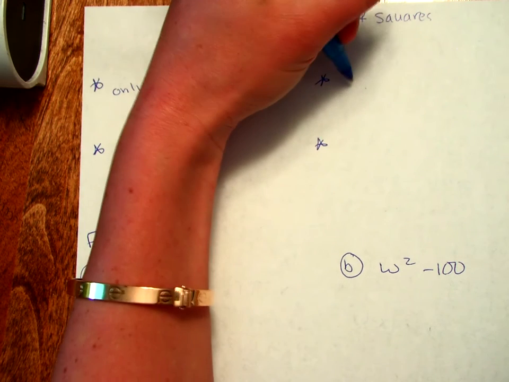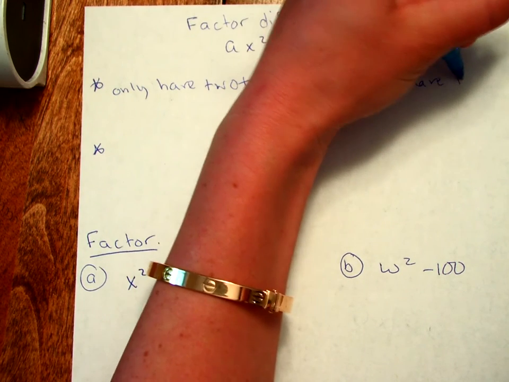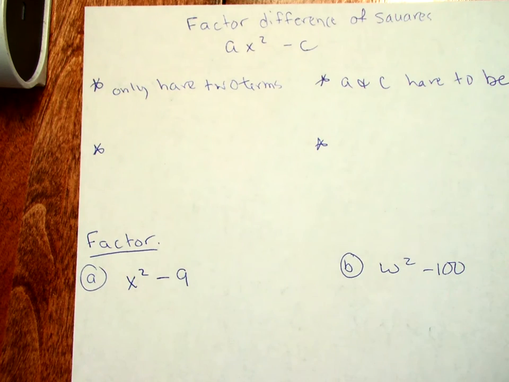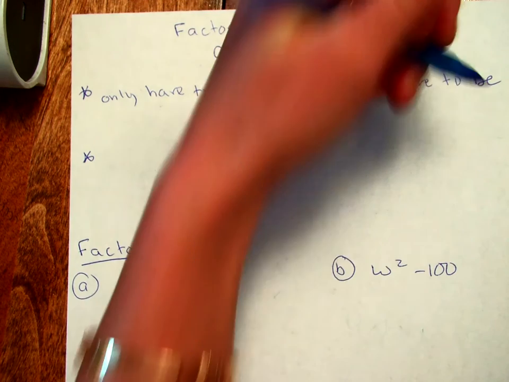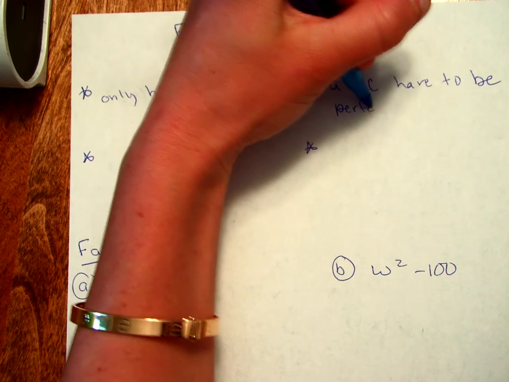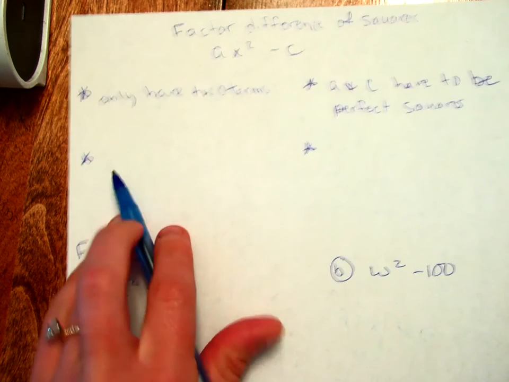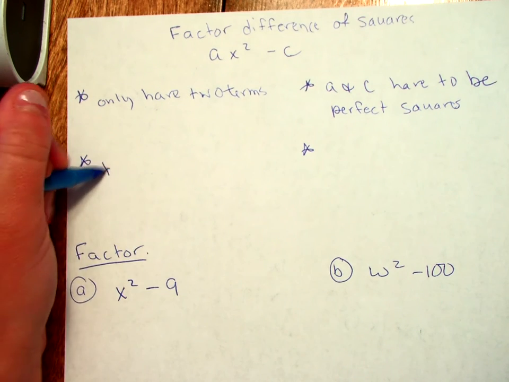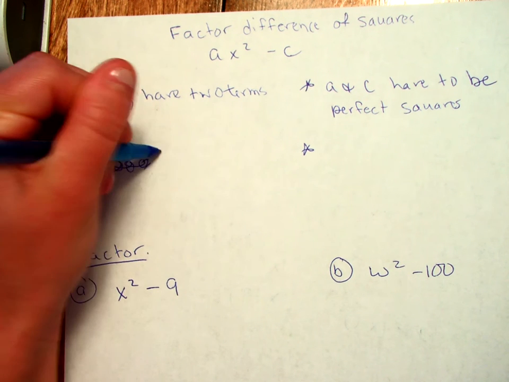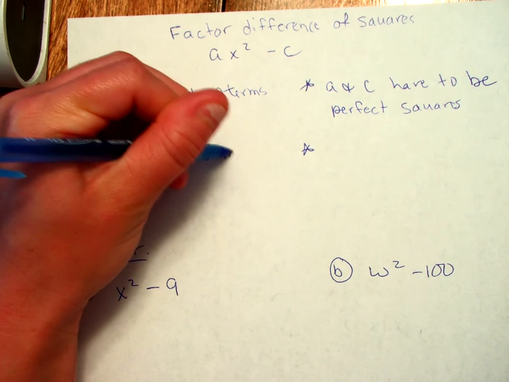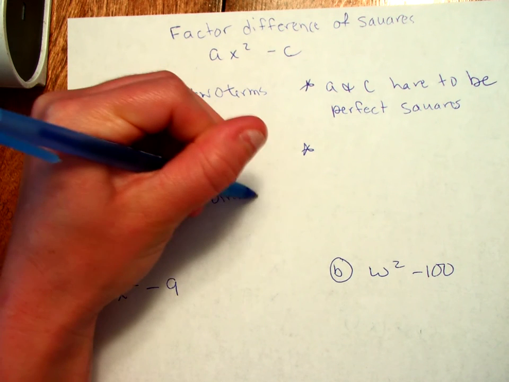The second thing that has to happen for this to work is A and C have to be perfect squares. If one is a perfect square and one is not, it does not work. Remember, difference of squares. They both have to be squares. Something I use to help myself remember this is if I only have two terms, two terms equals two binomials.